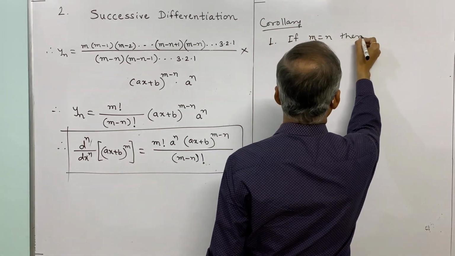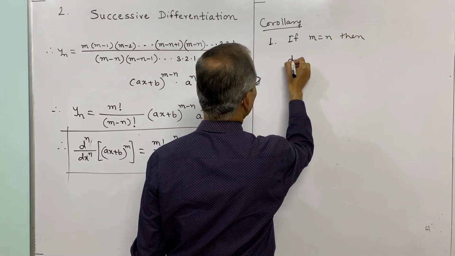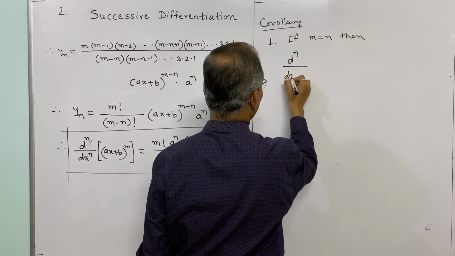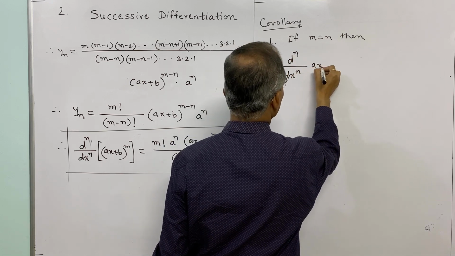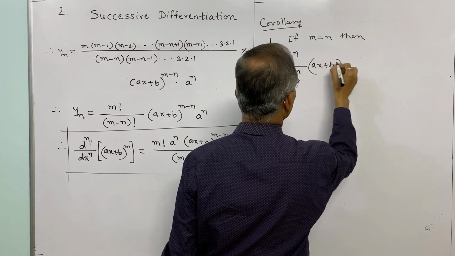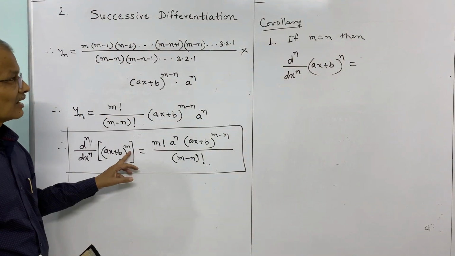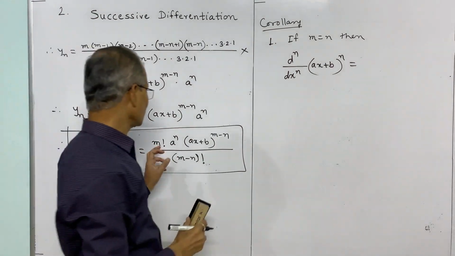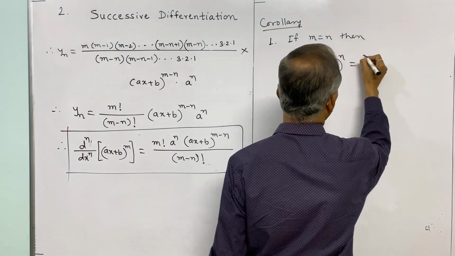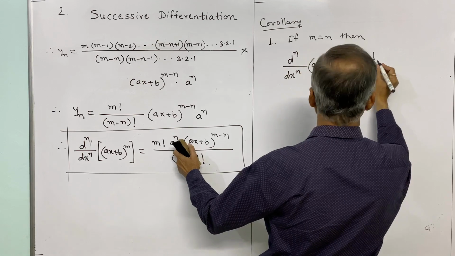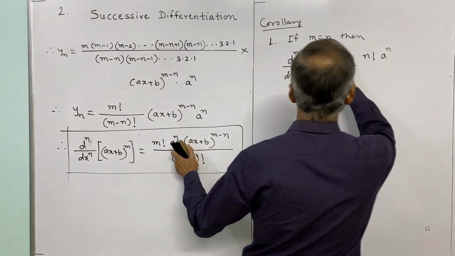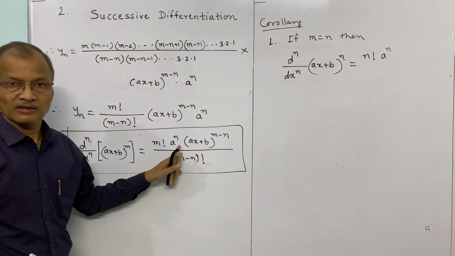then the nth derivative of (ax+b)^m, where m is n. What is the right side? It is n factorial a to the power n. In place of m, write n.